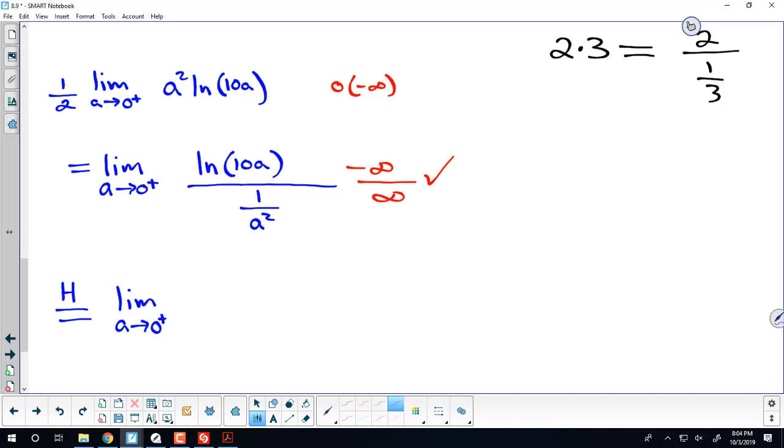The derivative of ln 10a is 1 over 10a times 10, so 1 over a. The derivative of 1 over a squared gives us negative 2 over a cubed.